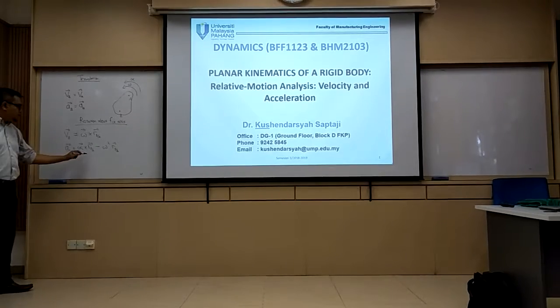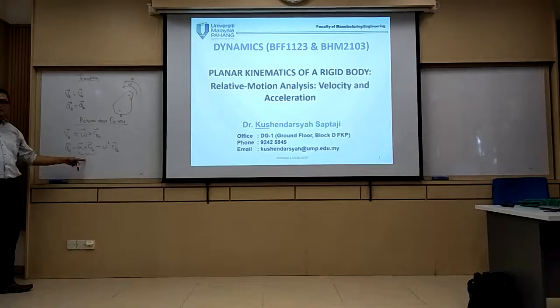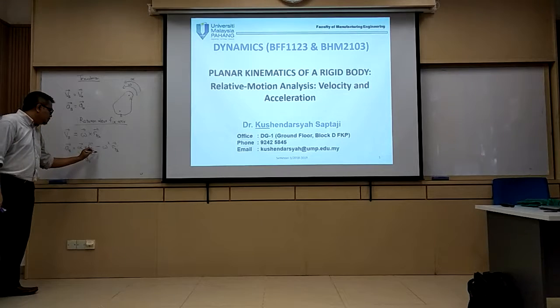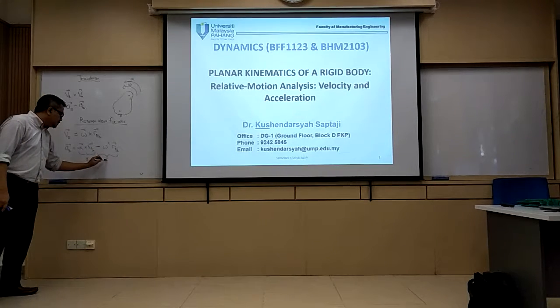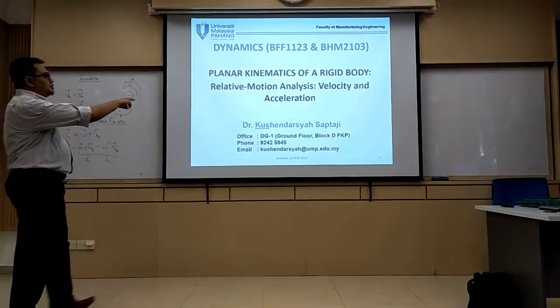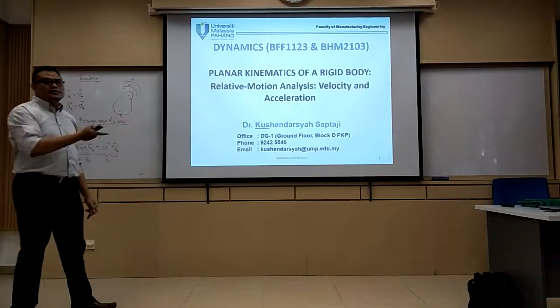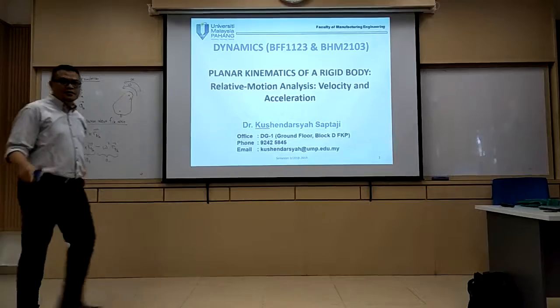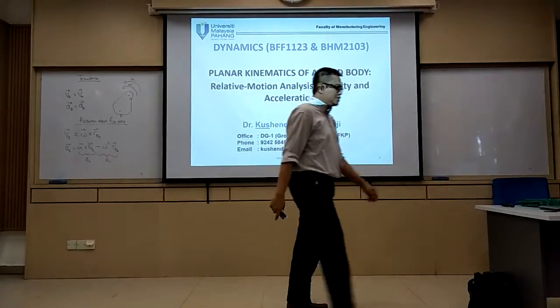Okay. So what is this acceleration here? Tangential. And this one? Normal acceleration. Okay. So then, what is the characteristic of the general plane motion? We have discussed this last week.